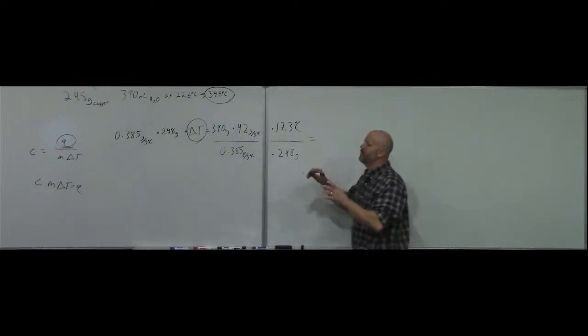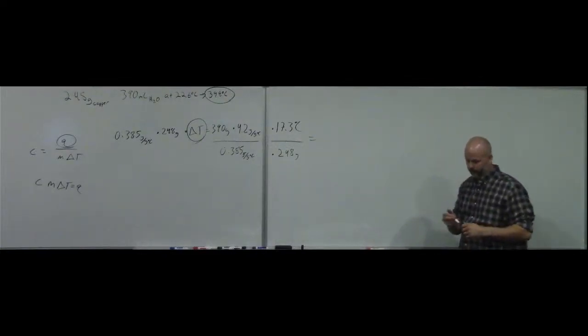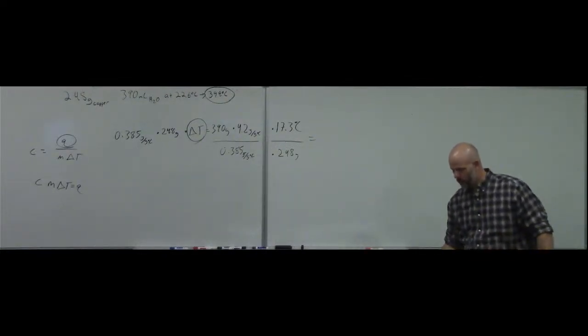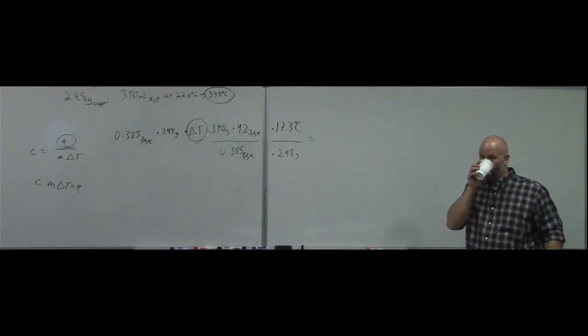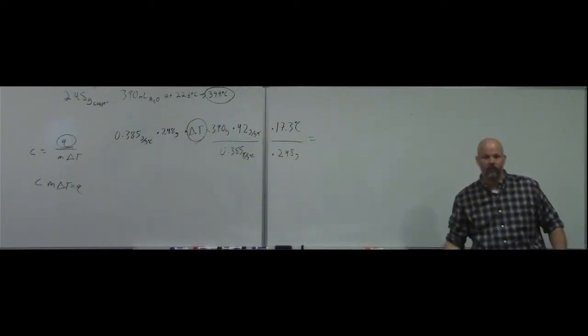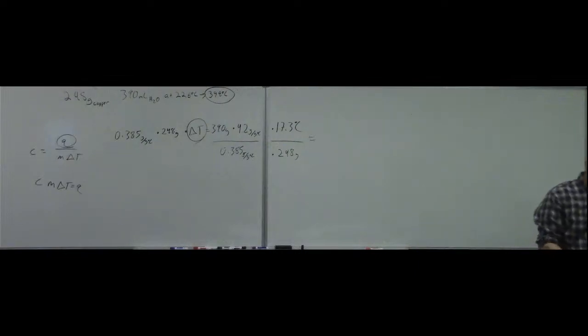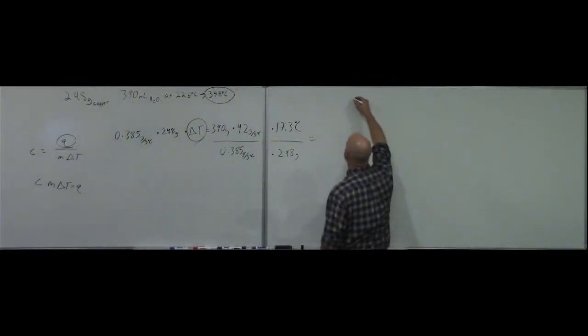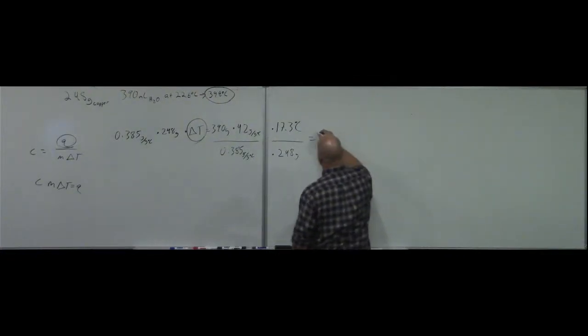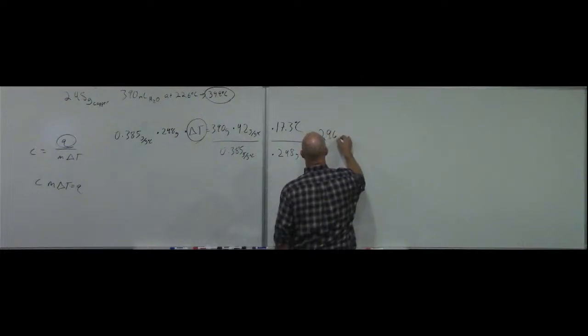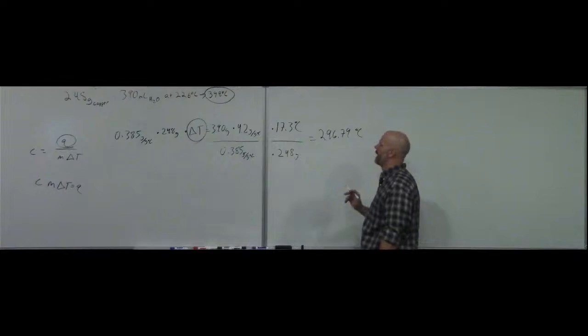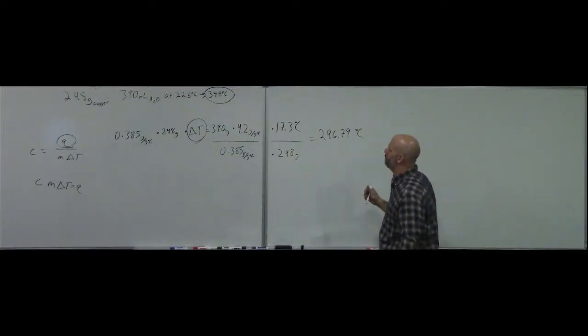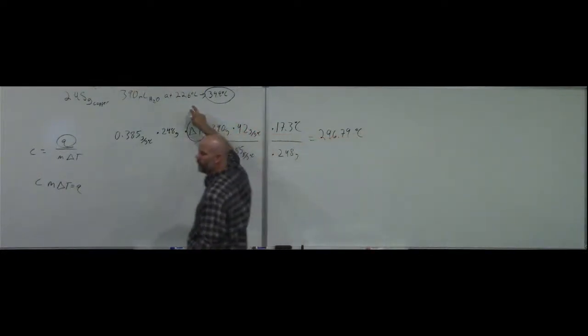So do me a favor, get me the delta T right now. 296.79 degrees centigrade, right? Okay. And my water got hotter or colder?